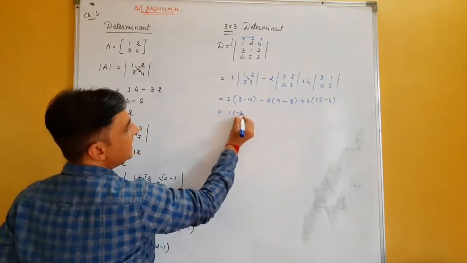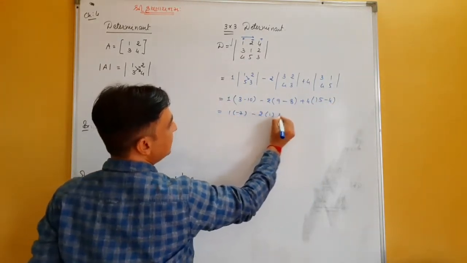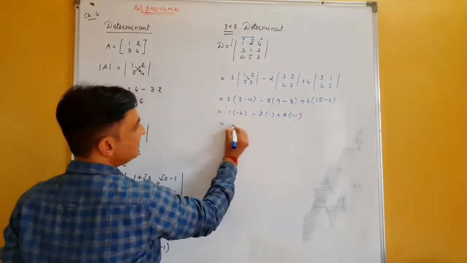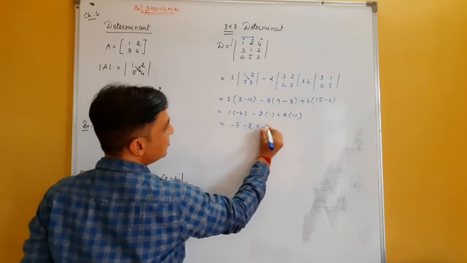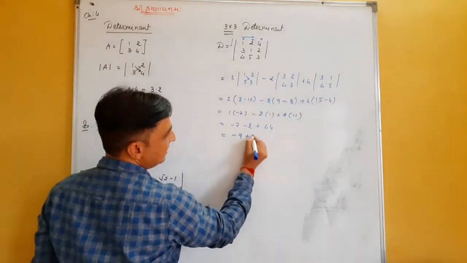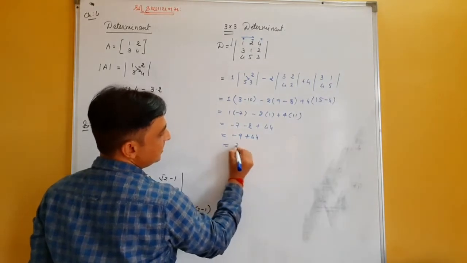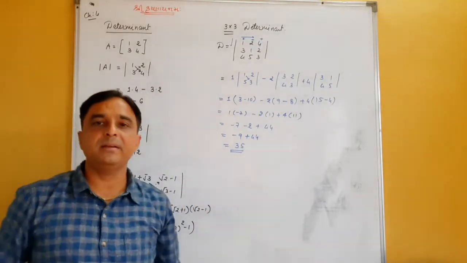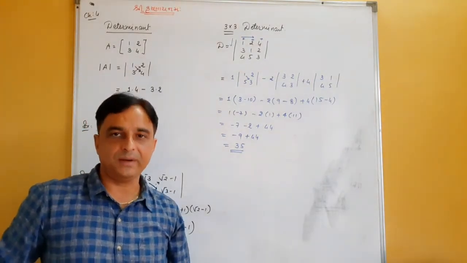So 1 times minus 7, minus 2 times 1, plus 4 times 11, that is minus 7 minus 2 plus 44. So this is 35. The value of that determinant is 35.